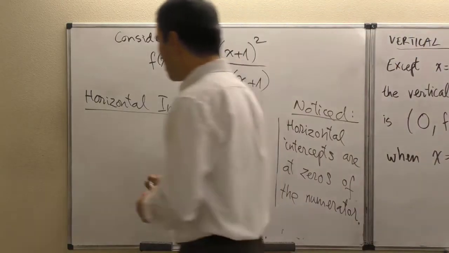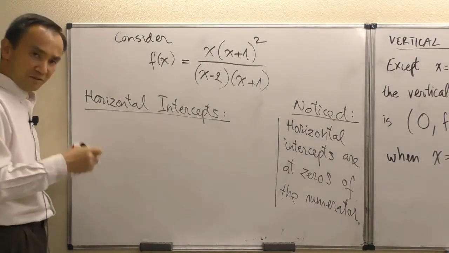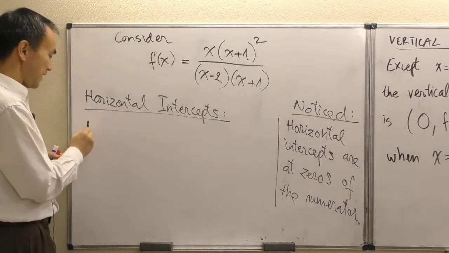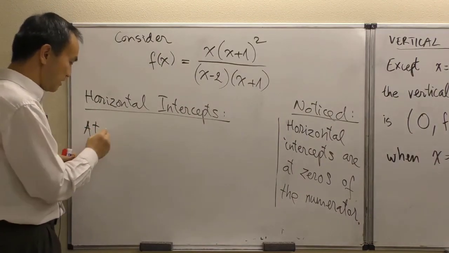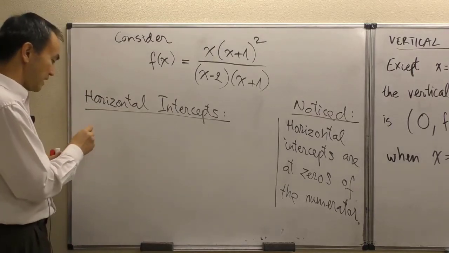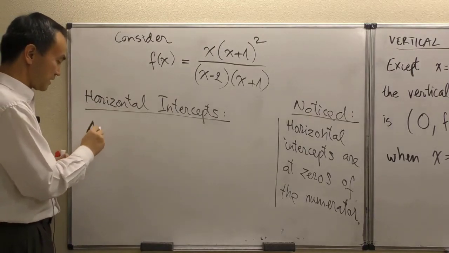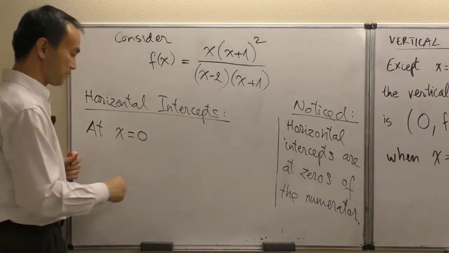So now on the board, this is what I observed from the graph. I have found a horizontal intercept at x equals 0.